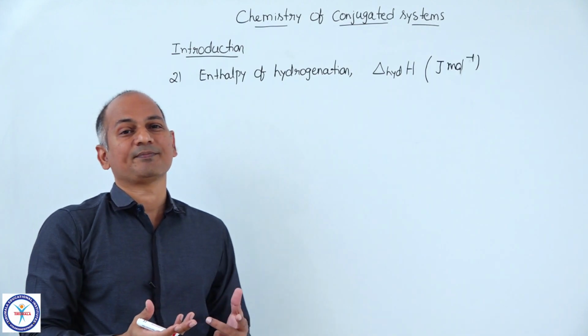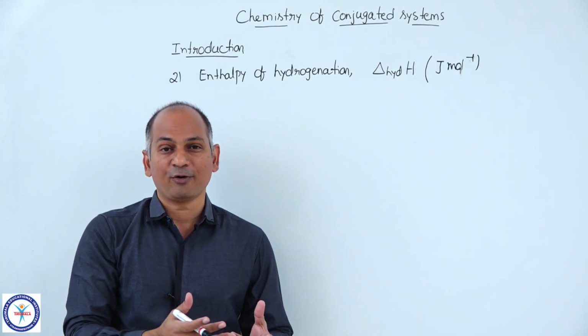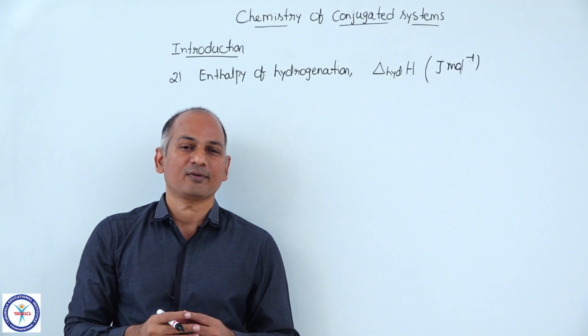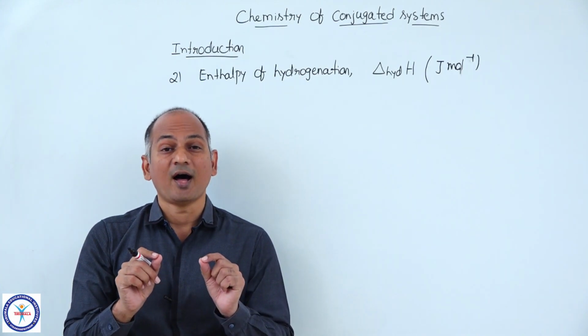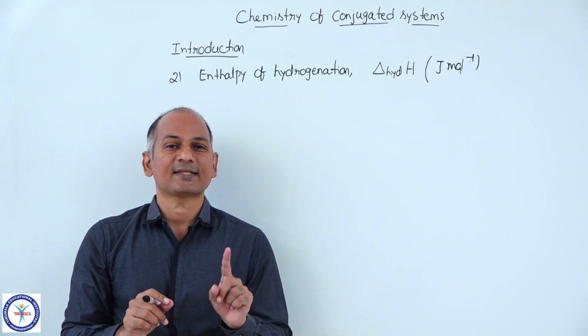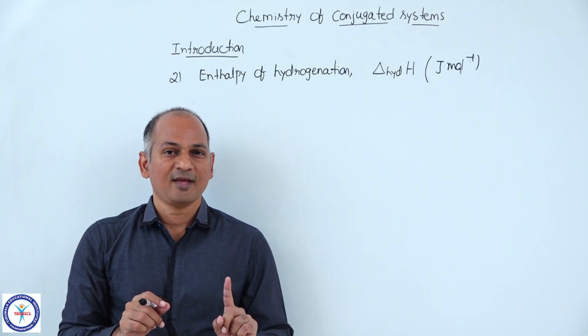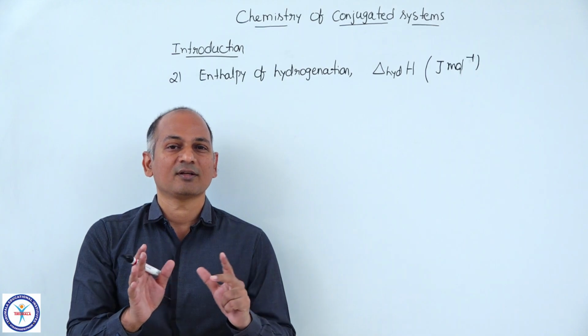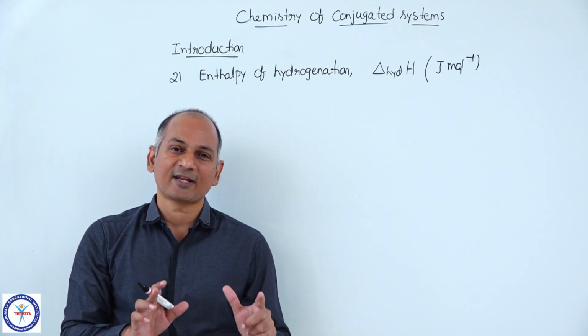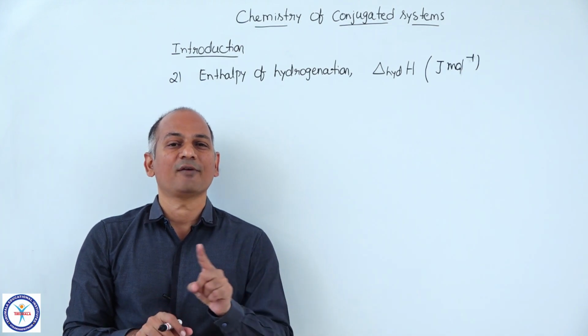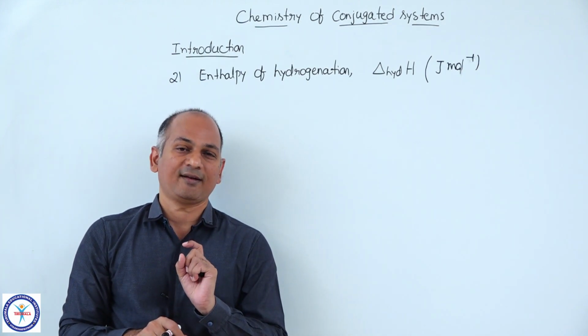Per mole of what? Per mole of hydrogen or per mole of organic compound? It is always per mole of the organic compound, unless otherwise mentioned. Suppose in the exam any question is asked regarding enthalpy of hydrogenation, unless otherwise mentioned, it is per mole of the organic compound you have taken.